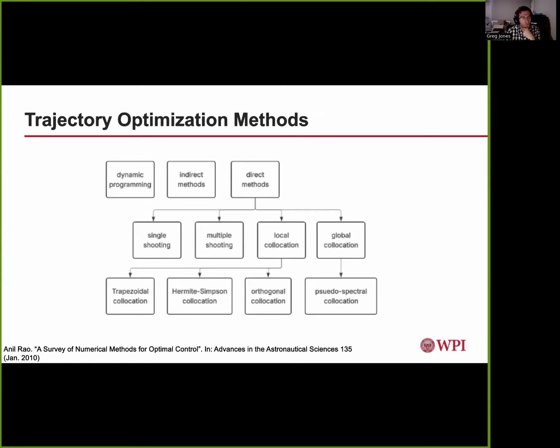And the difference between trapezoidal and Hermite Simpson is just that Hermite Simpson uses a one order higher polynomial.